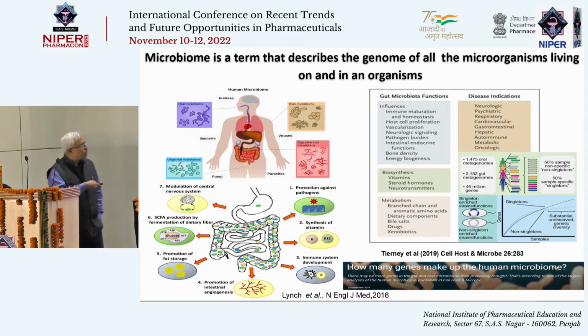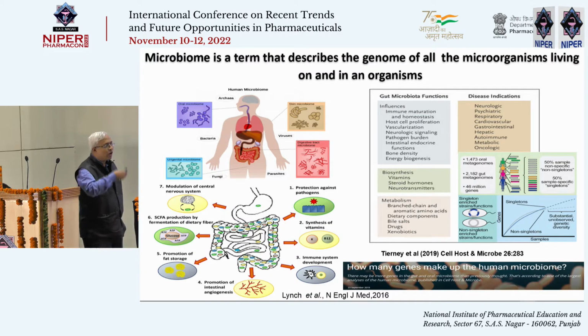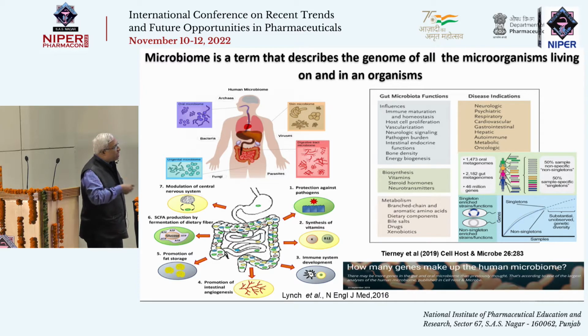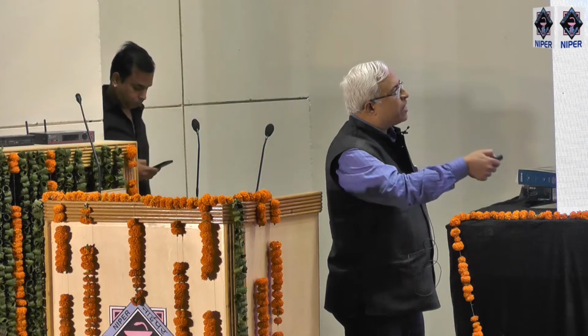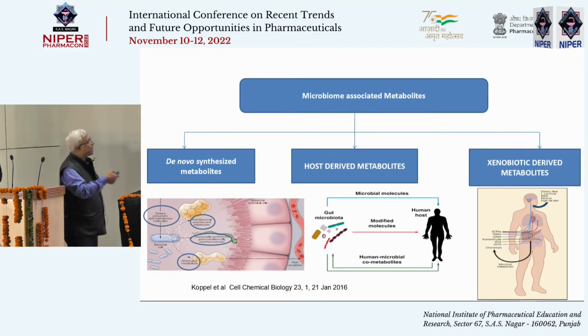So now it is not only our genes, it is the genes which make up the entire microbiome, which goes to the millions. Now we are getting the complete genome sequences from the microbiome, so how can we use them to understand things and design better experiments.